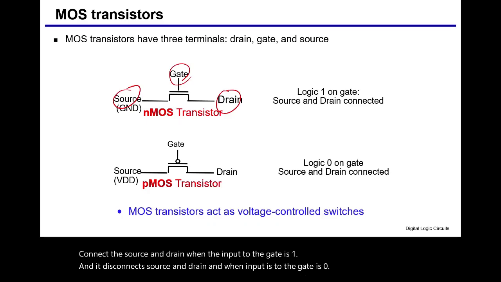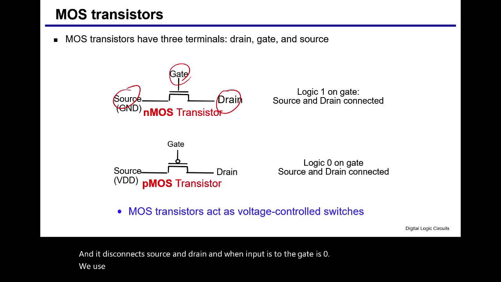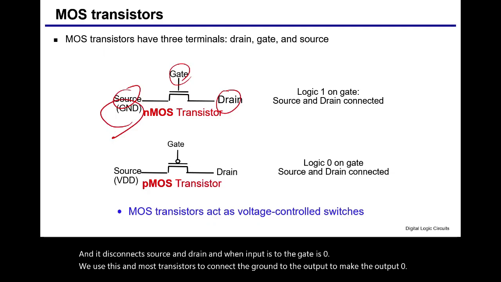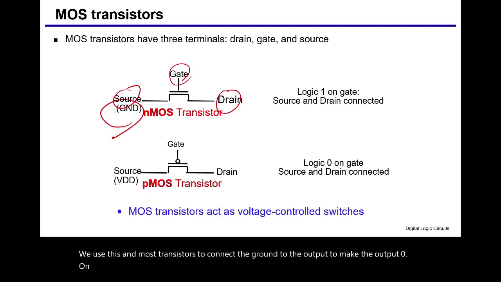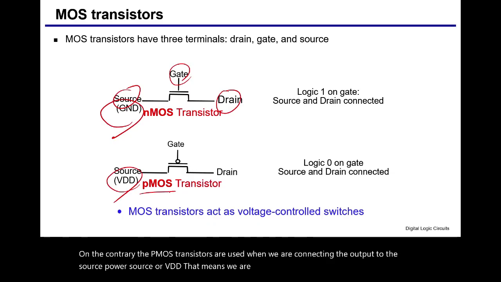We use these NMOS transistors to connect the ground to the output to make the output 0. On the contrary, the PMOS transistors are used when we are connecting the output to the power source or VDD. That means we are using PMOS transistors to make the output 1.